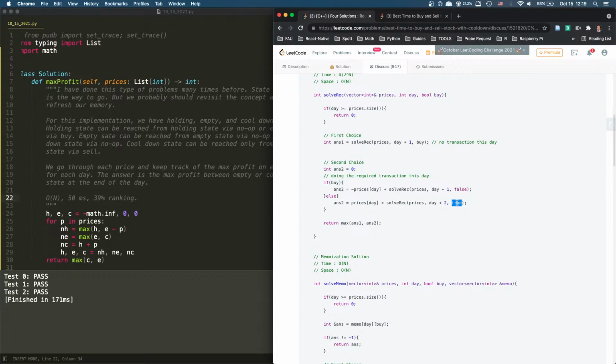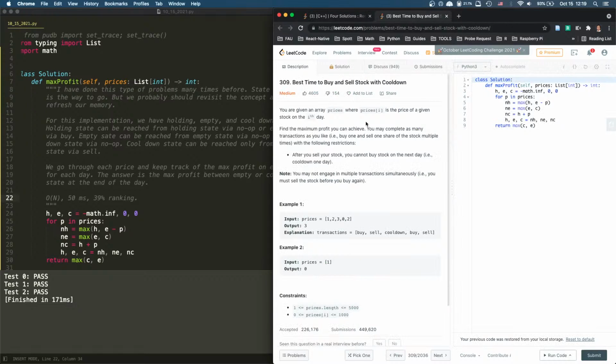They didn't say you have to do buy and sell. You can do 2 sells. Or can I complete as many transactions as buy one and sell one share multiple times. You may not engage in multiple transactions simultaneously. You cannot sell the stock before you buy again.